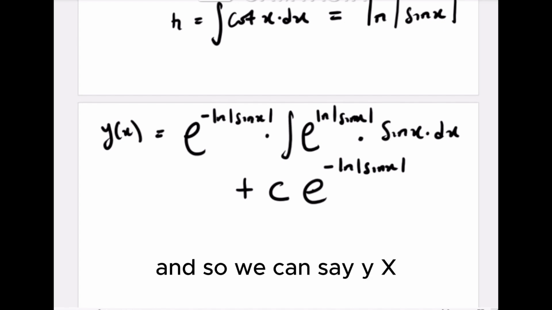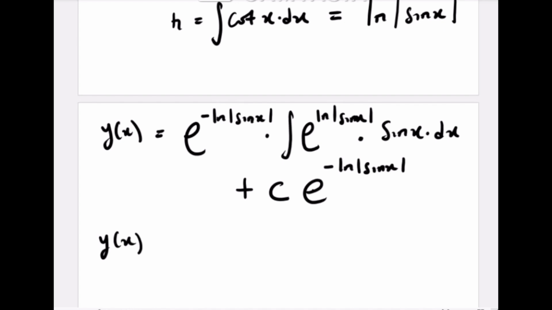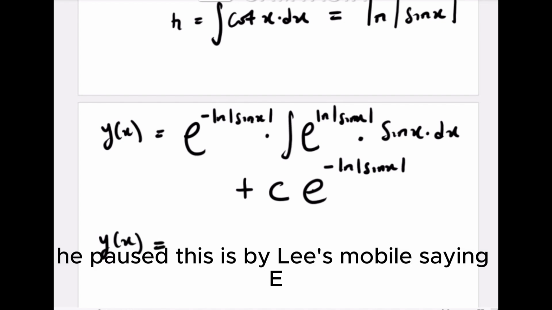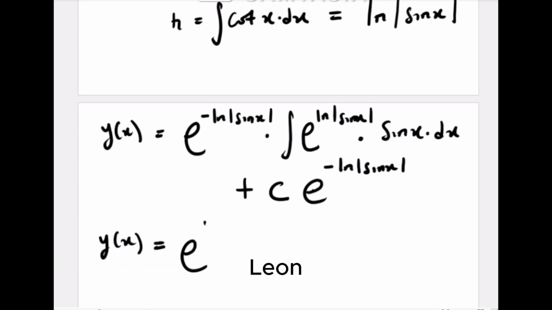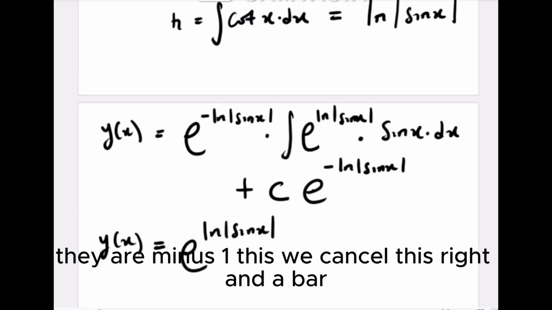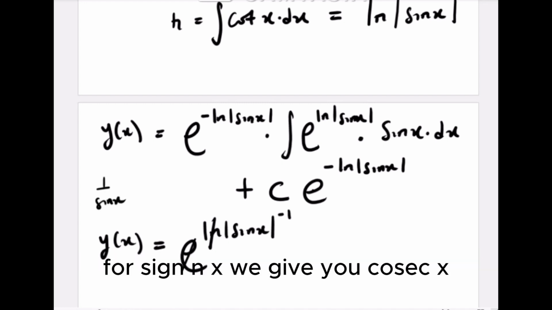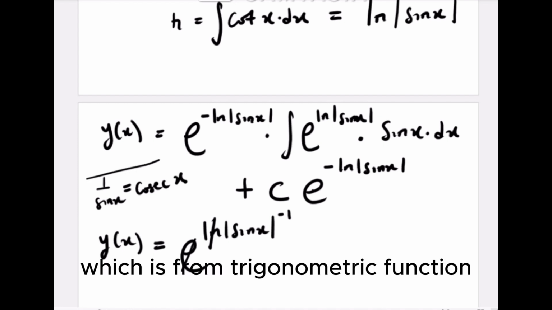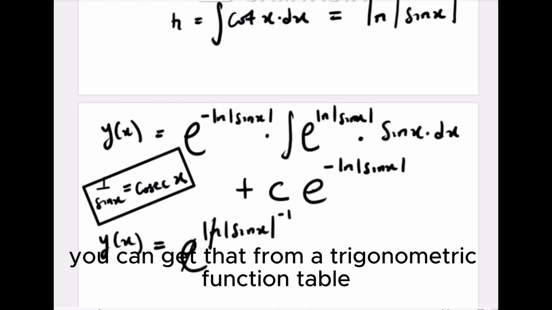And so we can say y(x) equals what? This is more like saying e to the ln sin x raised to the power minus 1. You cancel this, right? And the inverse of sin x will give you cosec x, which you can get from a trigonometric function table.